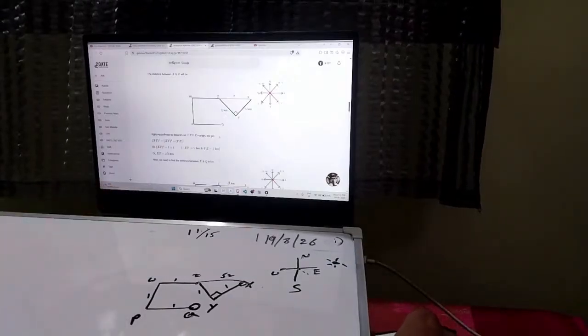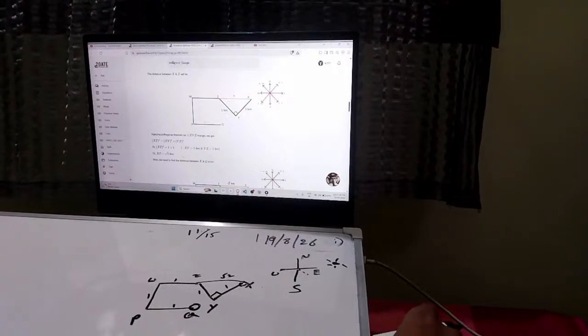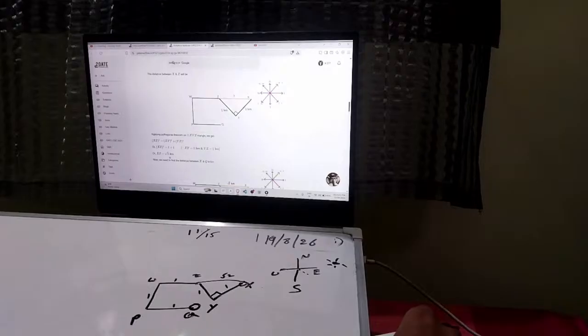Applying the Pythagoras theorem in triangle XYZ, we know that XZ equals root 2.